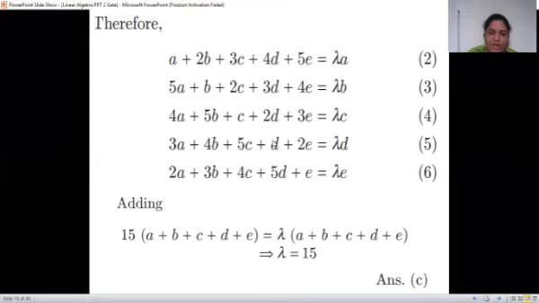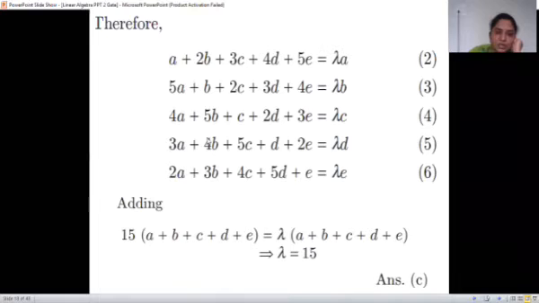Then from all these equations, a, b, c, d, e are the variables here, and here also a, b, c, d, e. So add all these equations together. LHS we will add first, and then RHS. So a plus 5a plus 4a plus 3a plus 2a, so 1, 5, 4, 3, 2, that is 15a.